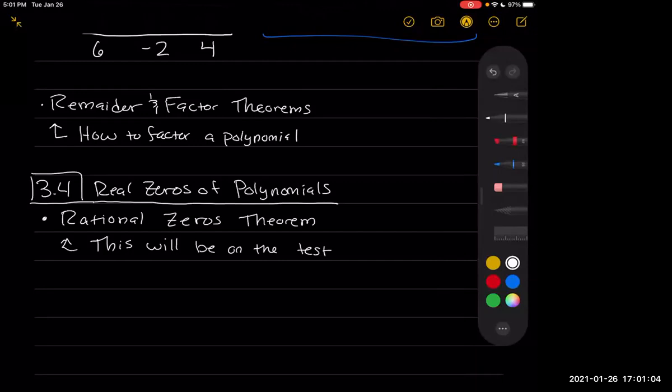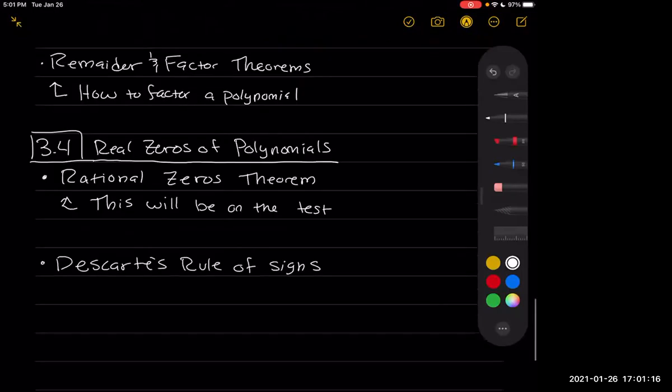All right, so then moving on from there, we had Descartes' rule of signs. So here we're looking at variations of p of x and p of negative x. And remember, variations are changes in sign.